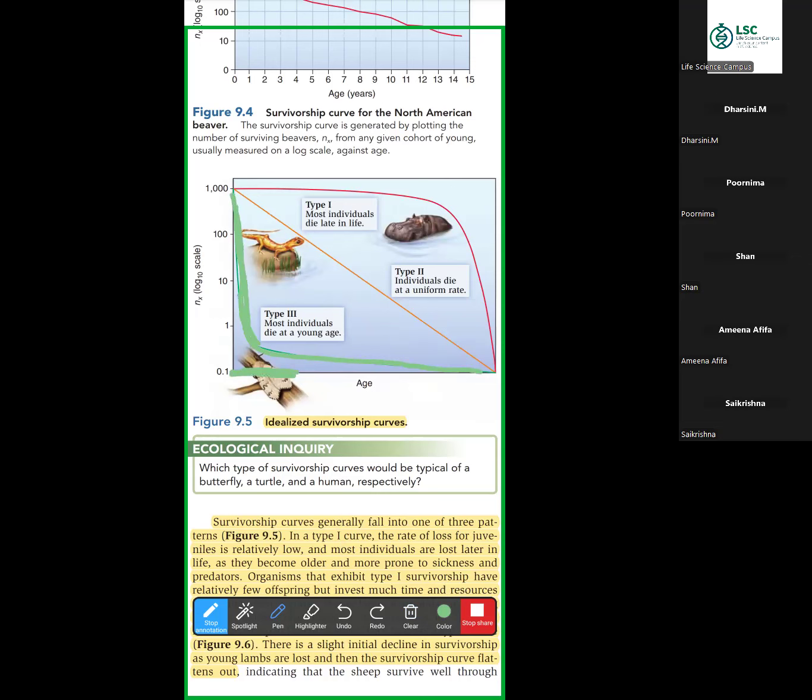So we can say that there is a high death rate at their juvenile period. It is just opposite the case of type 1. In the case of type 1, juvenile death rate is very low. But in the case of type 3, juvenile death rate is very high. Is it clear?